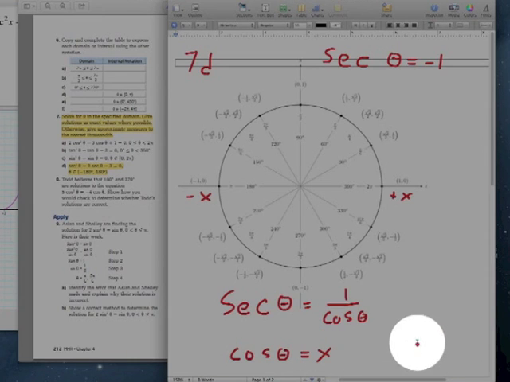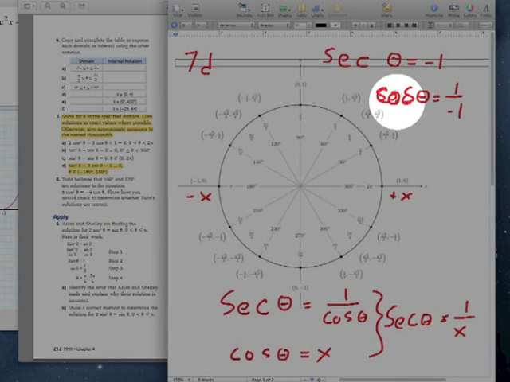Or I can combine this knowledge so that secant theta is equal to 1 over x. So cos theta is going to be 1 over -1, which means I'm talking about an x value of -1.